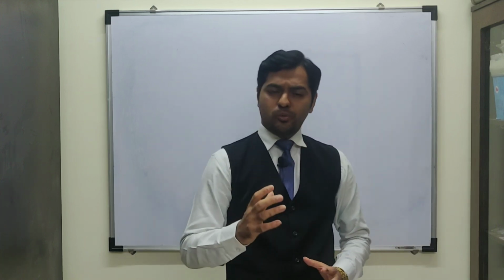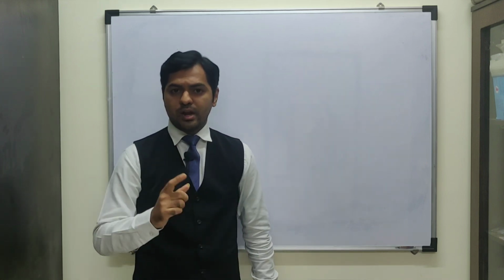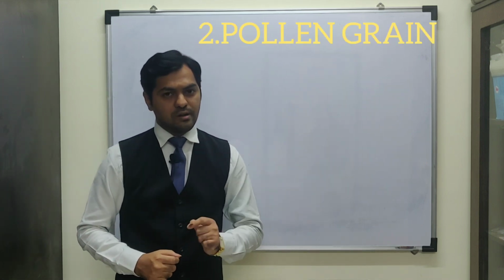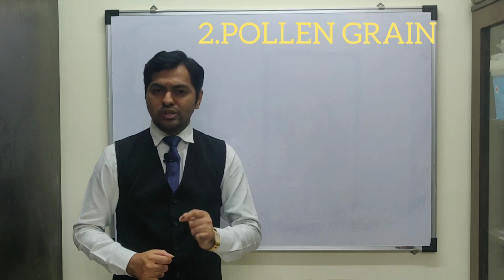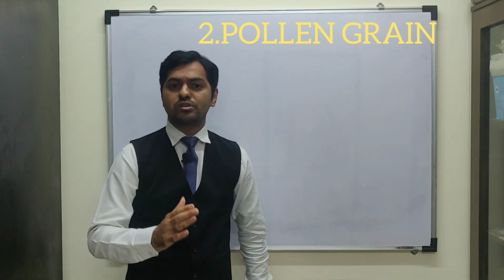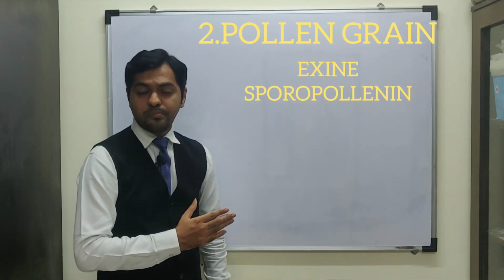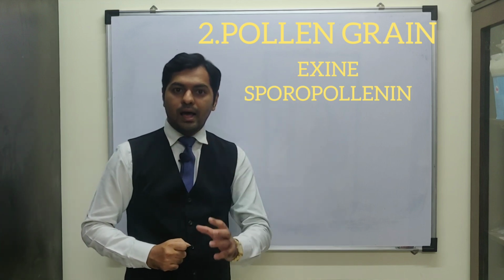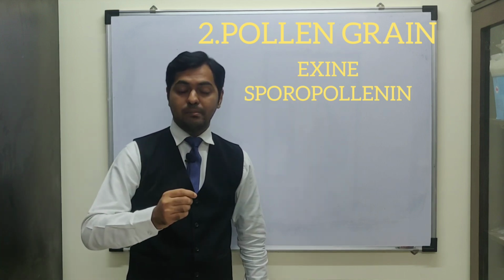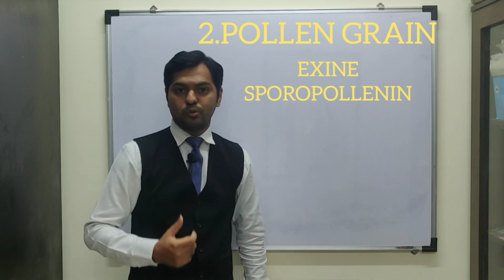Coming to the next point in Fabulous 5, that is about the pollen grain itself. The pollen grain, as mentioned, has the exine, which is composed of sporopollenin. This sporopollenin has no available enzyme which can digest it.